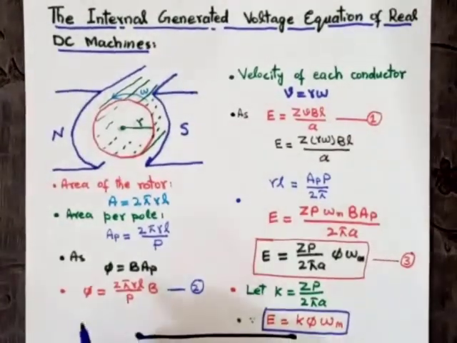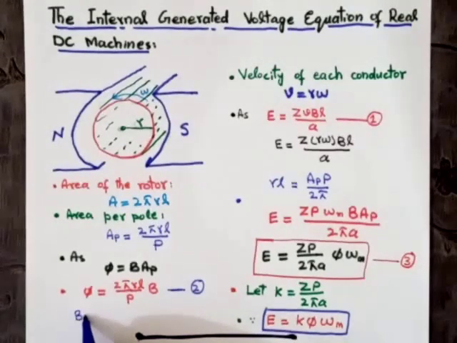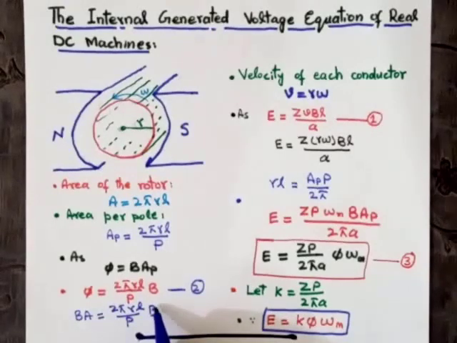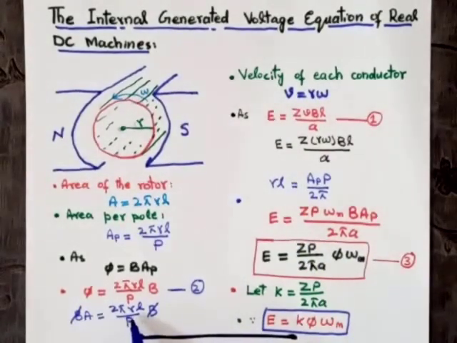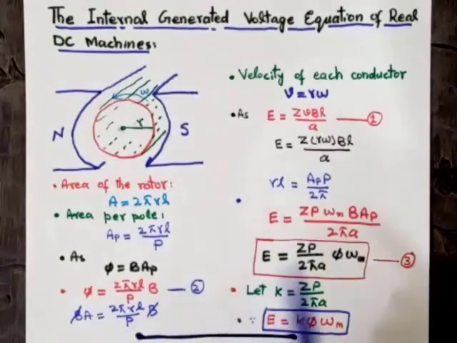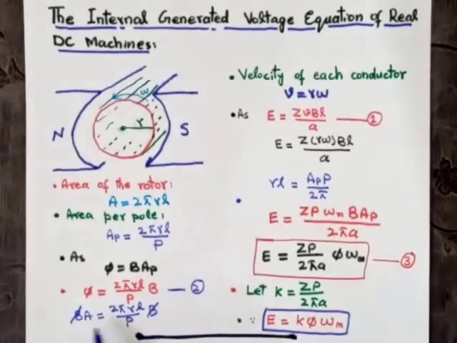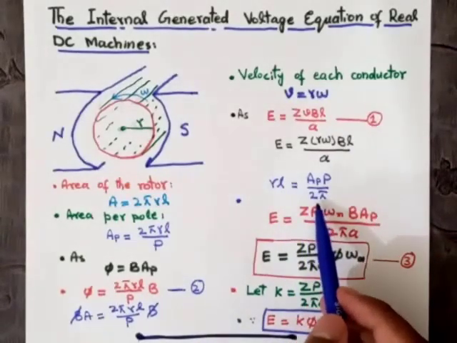As we know, flux is equal to BA. Putting the value of flux here, we get BA is equal to 2 pi RL over P into B. Here B will be cancelled out, and if we want to find the value of RL from this equation, RL will be equal to AP over 2 pi.